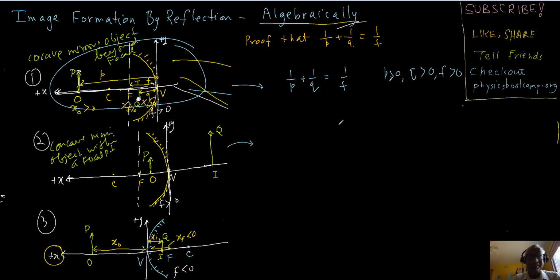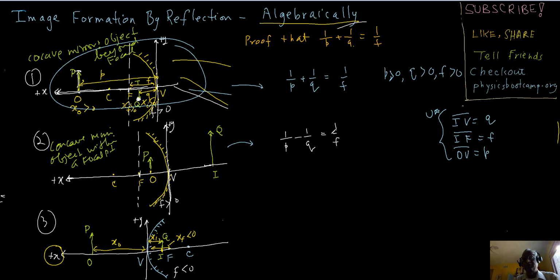Now when we do this and we use all of these positive numbers, like the distances, IV equals Q, IF equals F, and OV equals P, then we get quite a strange looking formula: 1 over P minus 1 over Q equals 1 over F.